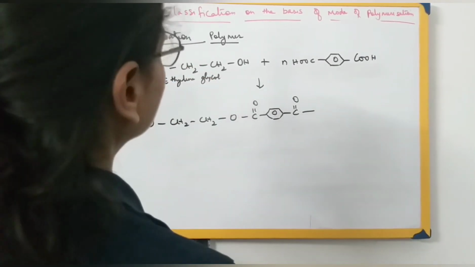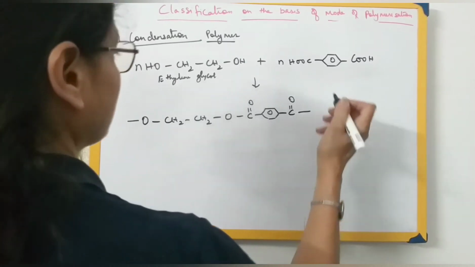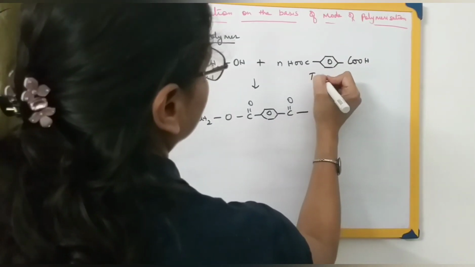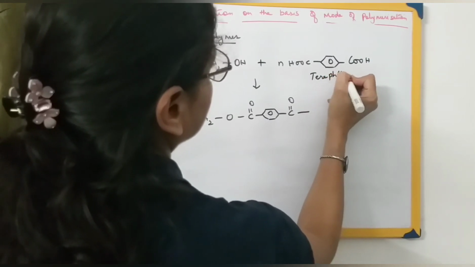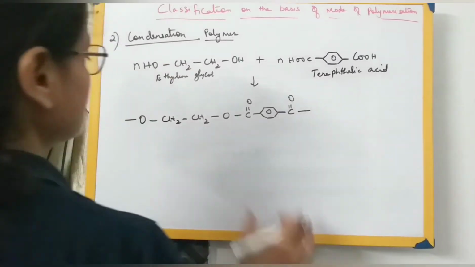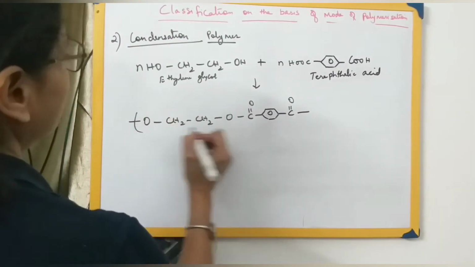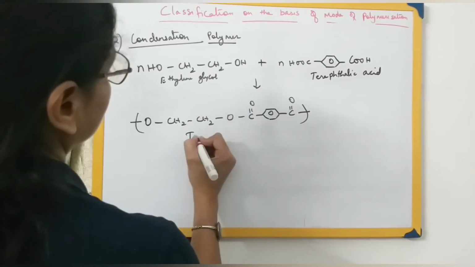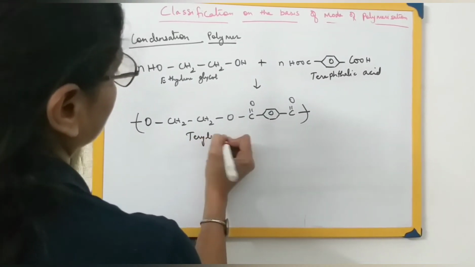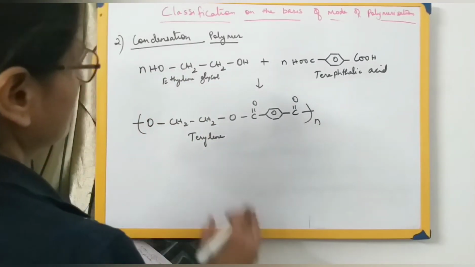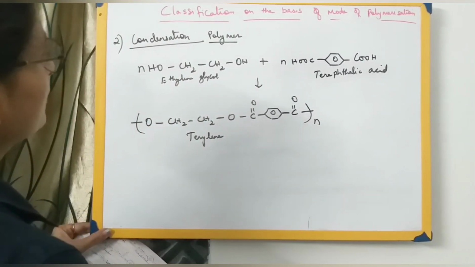So this is ethylene glycol, and this is terephthalic acid. This is the repeat unit, but when I enclose it in a bracket with n, it gives rise to the formation of terylene. This is also an example of a condensation polymer.